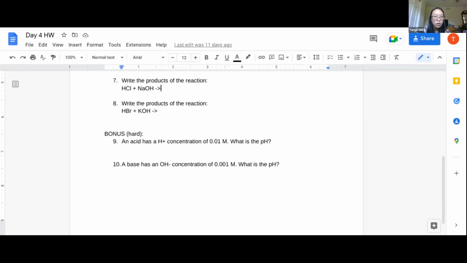Okay, so for number 7, when writing the product of a neutralization reaction, remember that it has to make water and then a salt. Not like table salt, but it can make any salt.